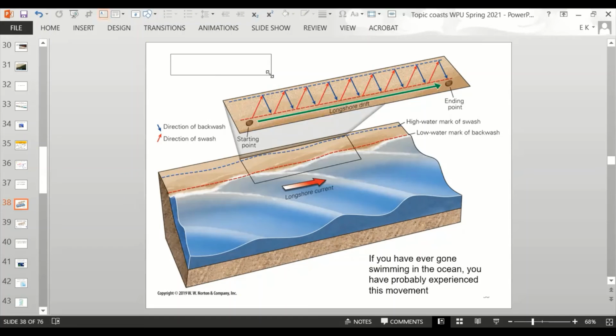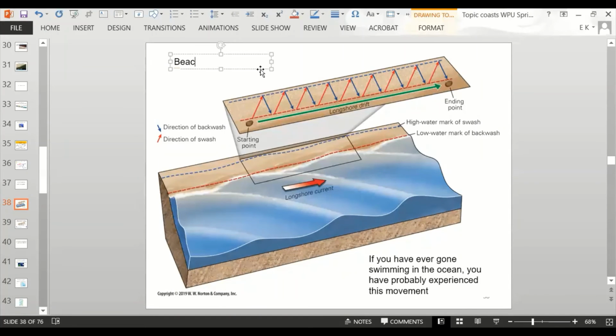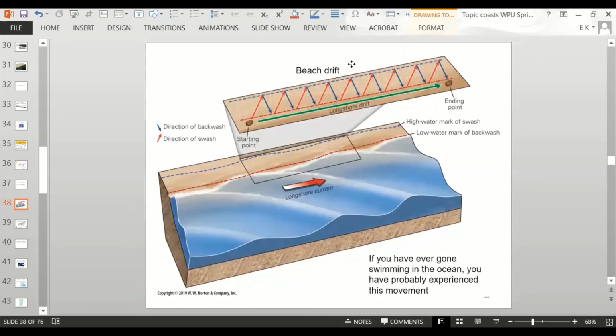Just add that here to be consistent with the notes. So specifically, this is your beach drift. And materials move down the shoreline because of that, as well as the longshore current. Now, if you've ever gone swimming in the ocean, you've probably experienced this type of movement.